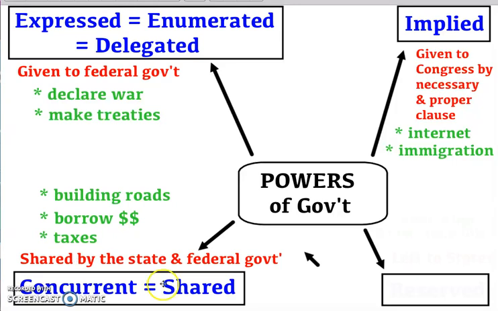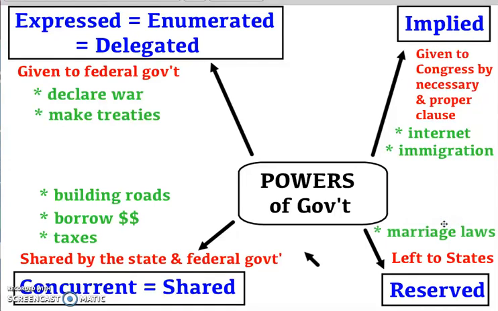And then the last kind of power is what's called reserved power. These are powers that are not listed in the Constitution. They're not implied powers given to Congress. They're not given to the state or federal governments specifically, so they are left to the states, meaning they are reserved for the states specifically.